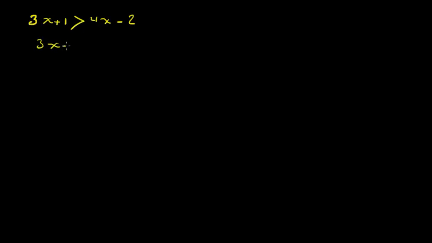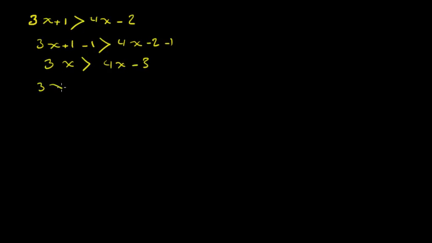So 3x plus 1 minus 1 is greater than 4x minus 2 minus 1, right? So we'll have 3x is larger than 4x minus 3. The next step is to simplify this inequality. For that, we subtract 4x from both sides.